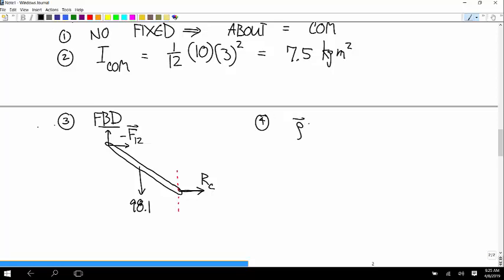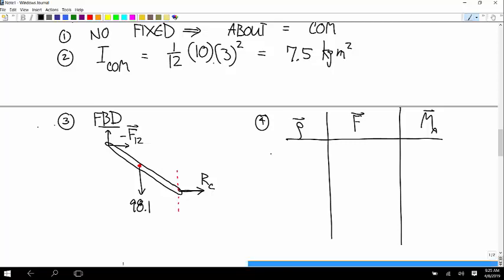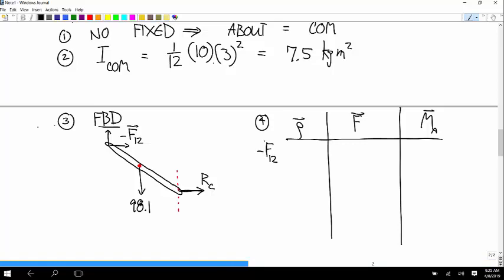And then row vector, force vector, moment vector. Our about point is in the middle. So first I'll do this force negative F12, and I believe that row vector is negative 1.299, positive 0.750.